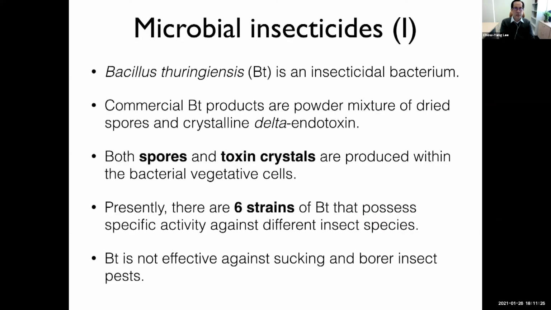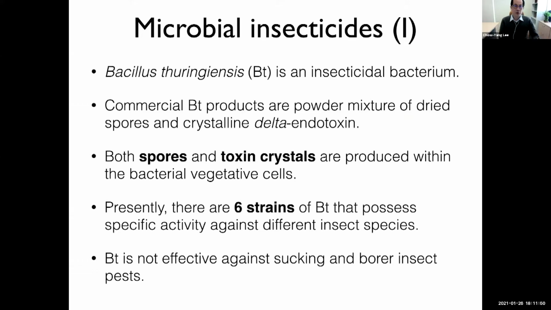Next group is the microbial insecticide. The most common one used in vector control is Bacillus thuringiensis. There are a number of different strains of BT, and usually commercial BT products are a powdered mixture of dried spores and the crystalline delta-endotoxin.